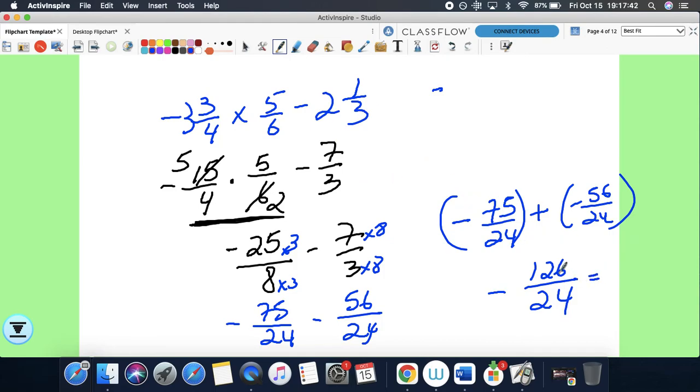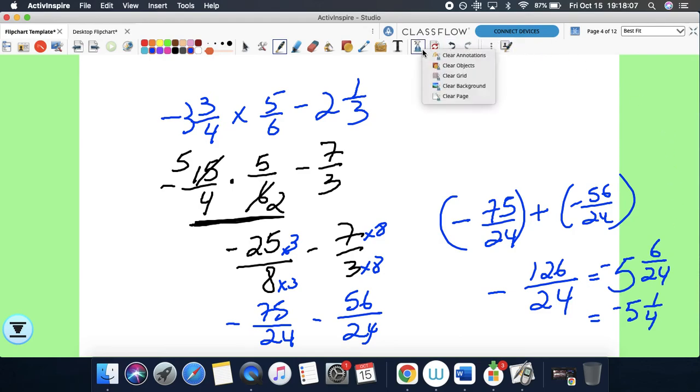So 24 goes into 131 5 times, which is 120. You have 11 left over 24. That's all negative, by the way. And then we can still simplify, which is going to be negative 5 and 11 over 24, right? That's what it looks like.